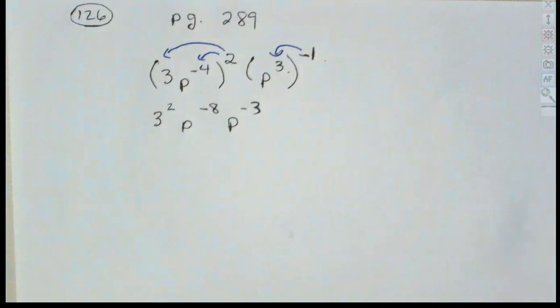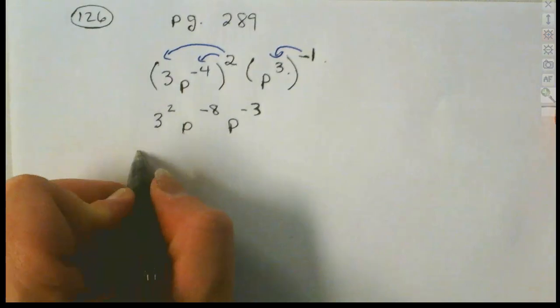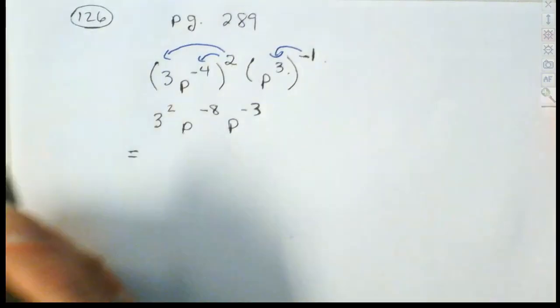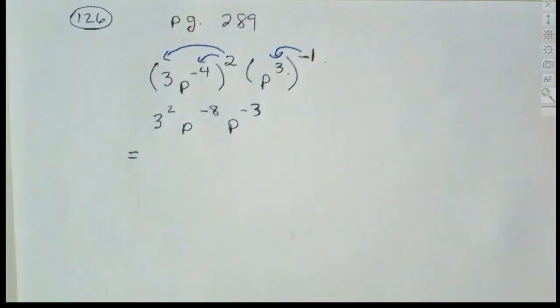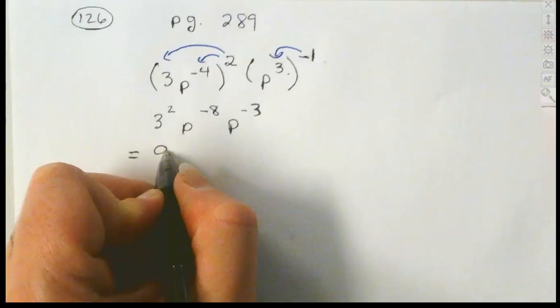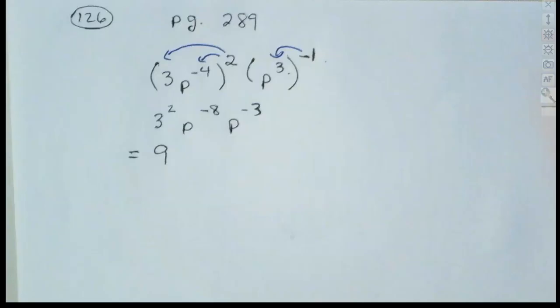Now we need to break everything down and combine as much as we can. The parentheses are gone, so that means if the bases are the same, then the exponents will add. So what do we have? We've got 3 squared, and we know that 3 squared is 9, so that's simple enough.